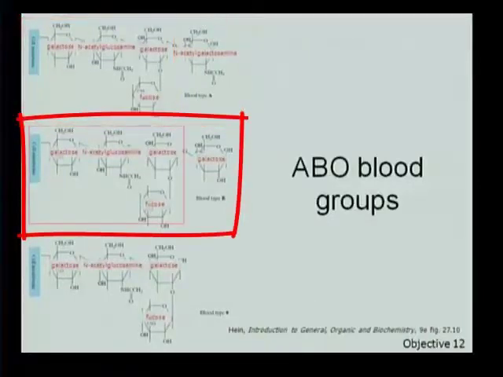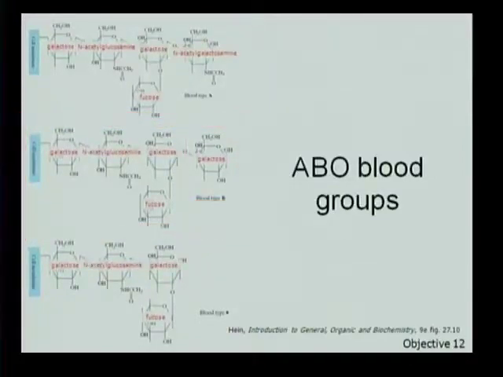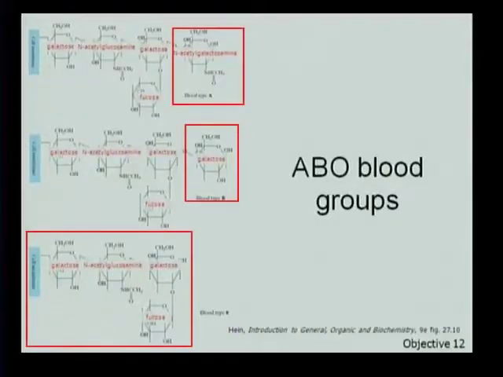If we have blood type B, then we have both the type O structure and the type B structure on the surface of our red blood cells. And if we have blood type AB, then we have all three of these structures on the surface of all of our red blood cells. That's what makes us blood type AB.